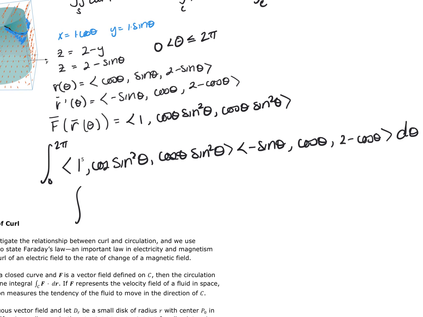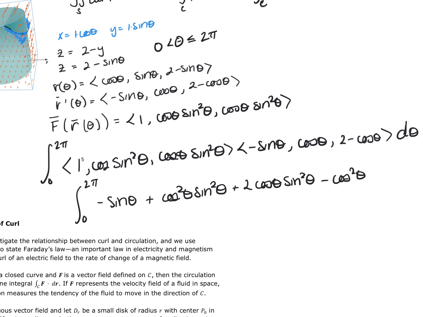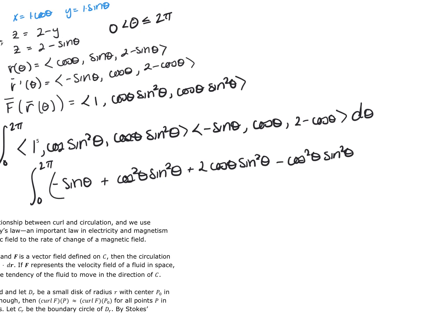So I end up with the integration from 0 to 2 pi of negative sine theta, plus the cosine squared theta, the sine squared theta, plus 2 the cosine theta, the sine squared theta, minus the cosine squared theta, the sine squared theta, d theta.